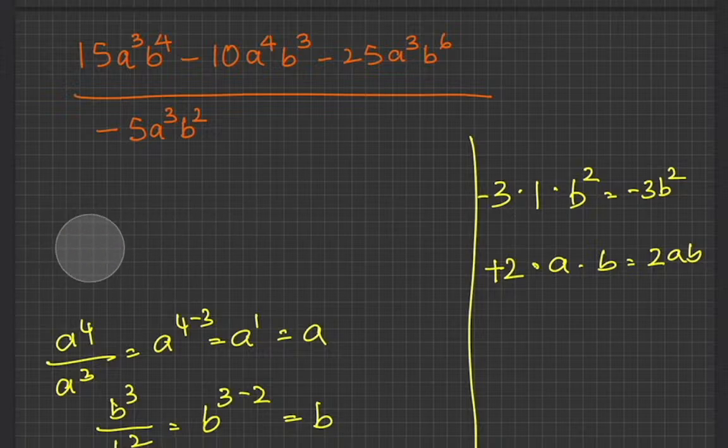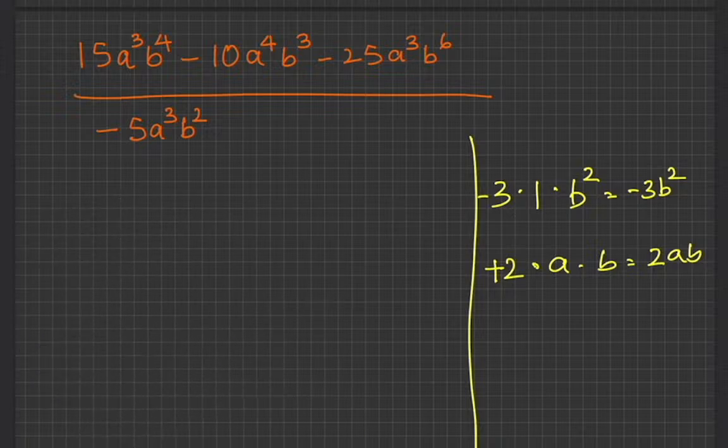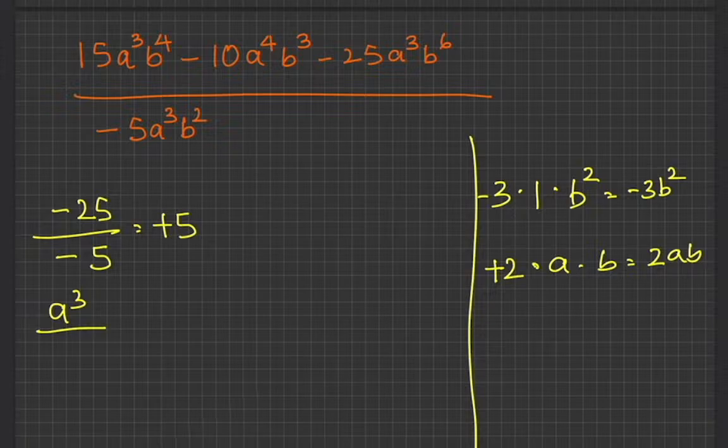Okay, let's go to the last term now, that is negative 25 by negative 5. So again, I have a positive 5, and then I have a to the power 3 by a to the power 3, which is equal to a to the power 3 minus 3, which is a to the power 0, which means it is 1.